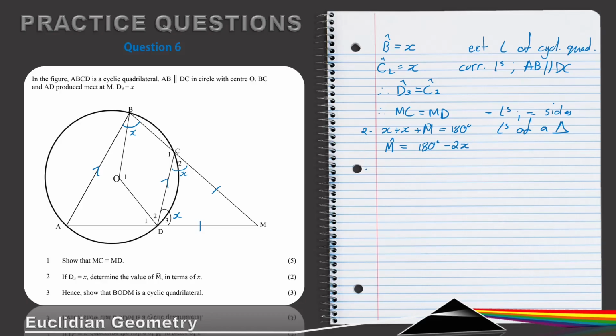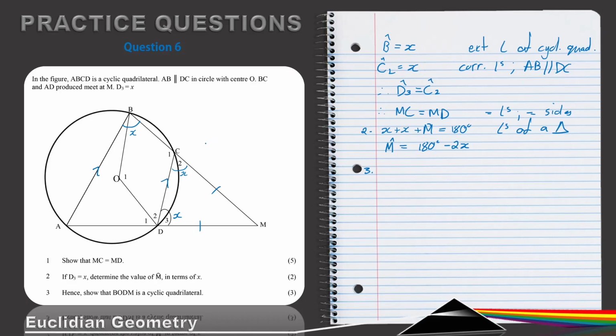Then for 3, hence show that BODM is a cyclic quad. So BODM, that one there. So 2 ways to show a cyclic quad is to show that the exterior angle is equal to the opposite interior angle, and we can see that we've got an exterior angle over here, but we don't have that angle. The other way is to show that the opposite angles add up to 180.